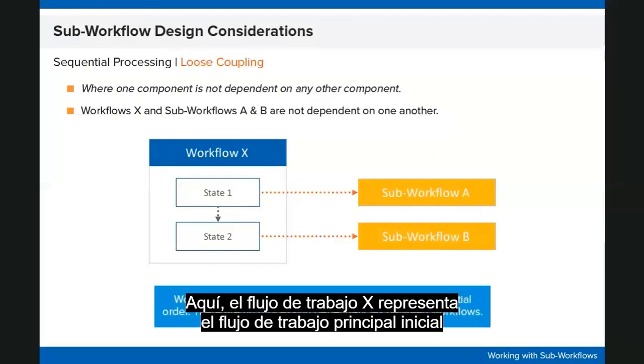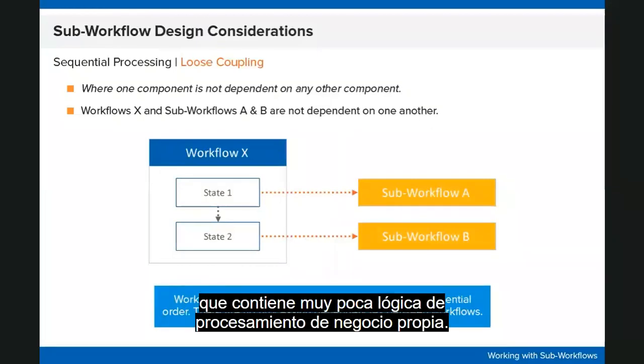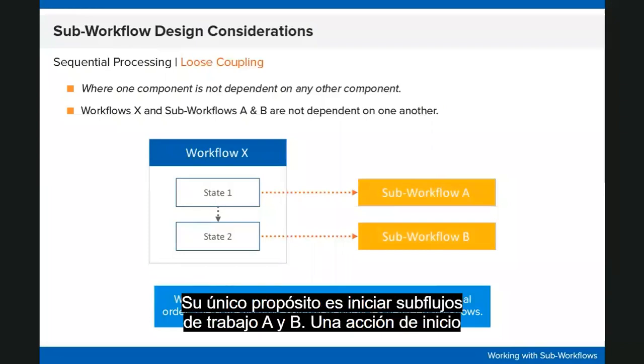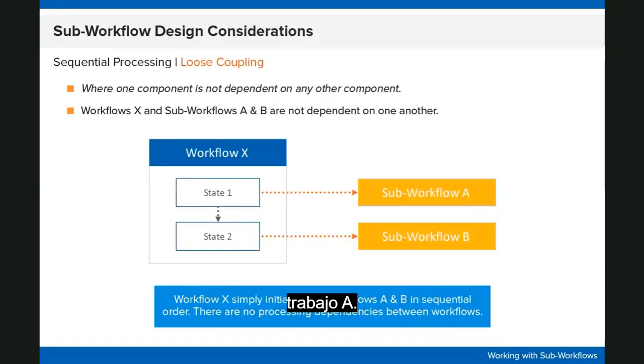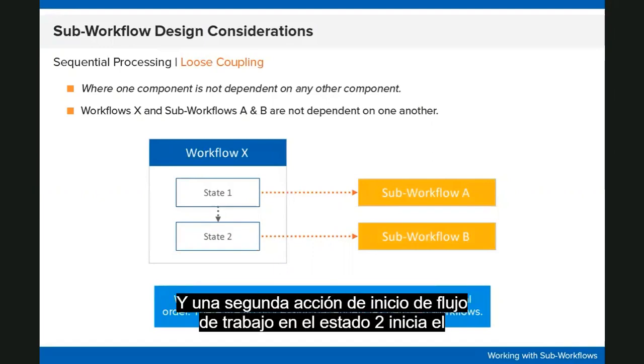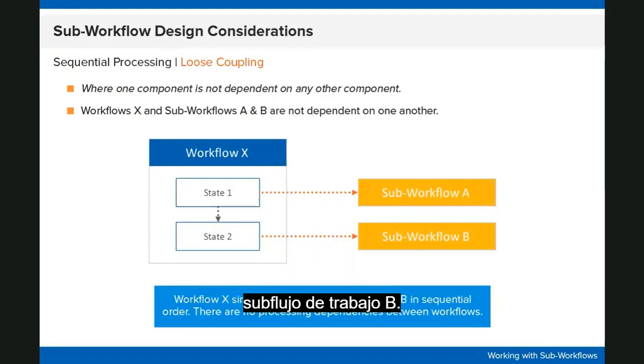Here, workflow X represents the initiating parent workflow containing very little business processing logic of its own. Its sole purpose is to initiate sub-workflows A and B. An initiate workflow action in state 1 of workflow X initiates sub-workflow A, and a second initiate workflow action in state 2 initiates sub-workflow B.